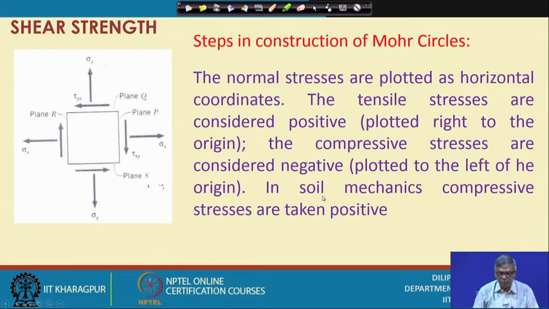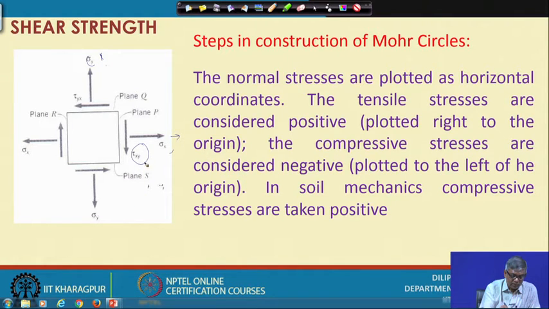Now, we can see how to draw the Mohr circle, the steps in construction of the Mohr circle. So, this is the state of stress. You can see this is the x direction and this is the y direction, there is a sigma x, there is a sigma y and there is a tau xy.